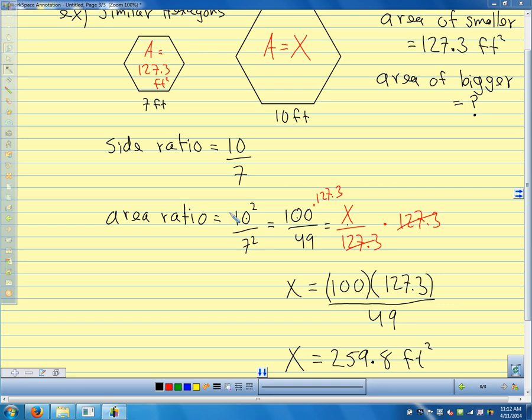All right, let's do a problem where we go in reverse, where we have the area ratio and we want to figure out the side ratio.